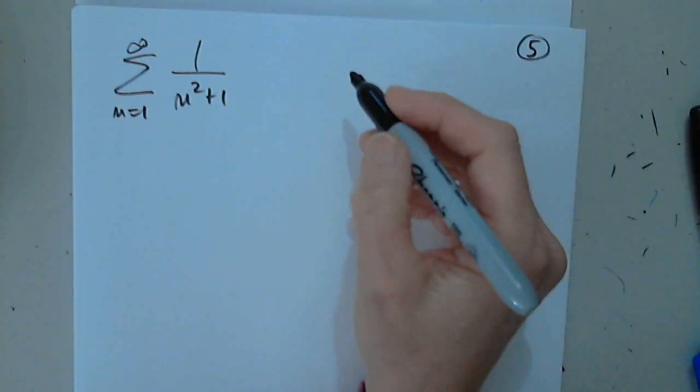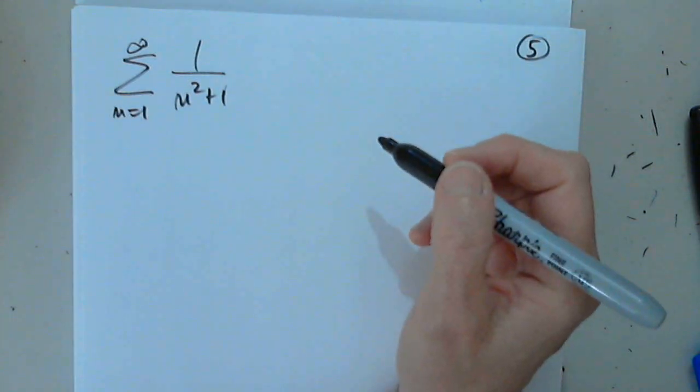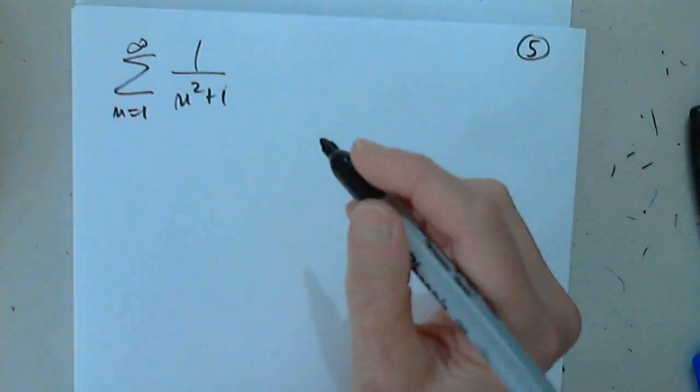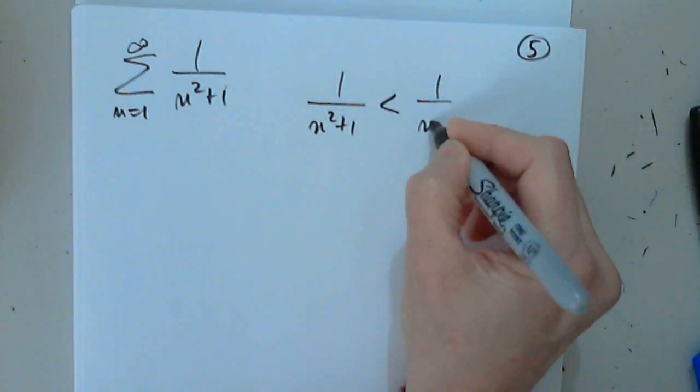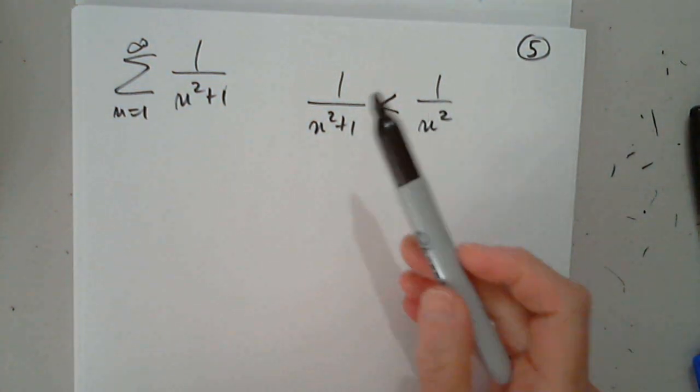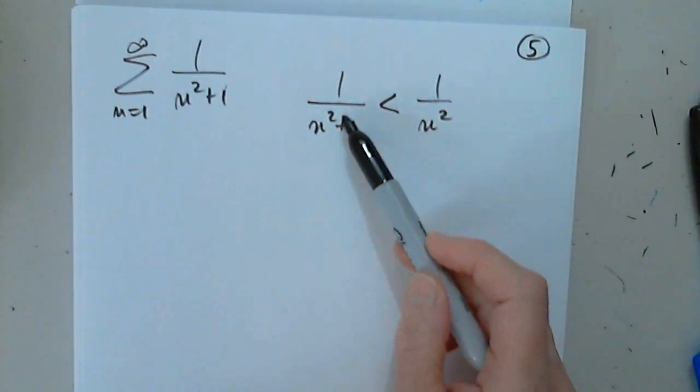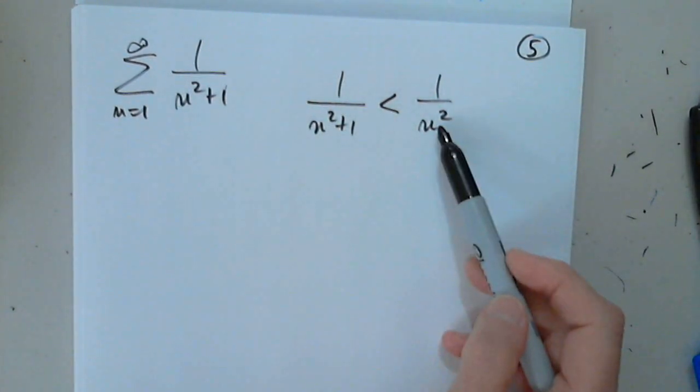So we have several options here. One option is this. We know that, again, here the denominator is bigger, so the fraction is smaller than this one.